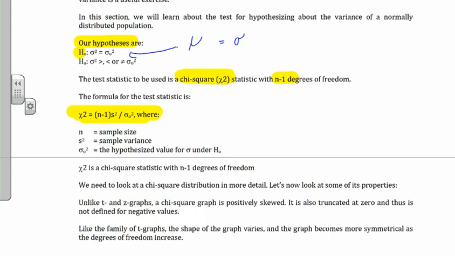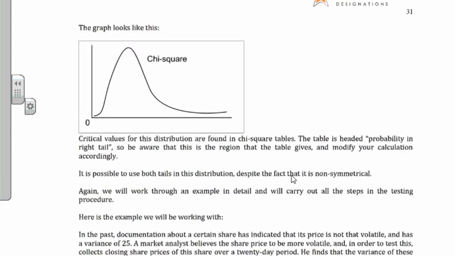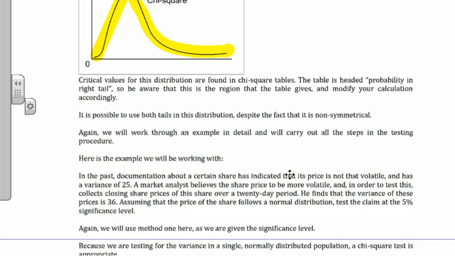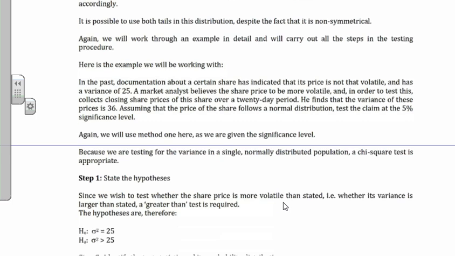I no longer use z tables or t-tables, but I use a chi-square graph that looks like that. And remember, we have spoken about chi-square tests already when we looked at them in the distributions section. Let's have a quick look at the examples just to make sure we are familiar with what they like to ask.